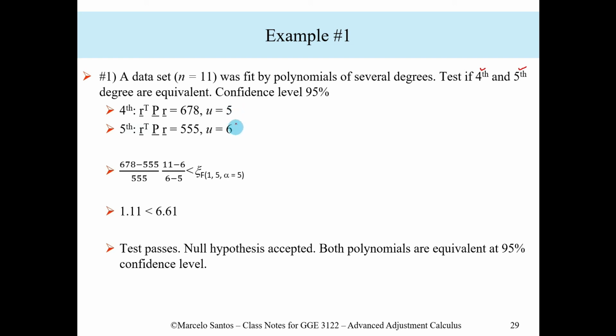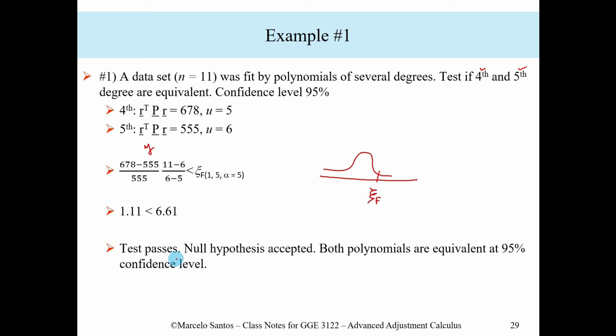These are the numbers of unknowns. Here we are applying the test. This is the quantity y, so our y is 1.11. The value that we get from the Fisher distribution is equal to 6.6.